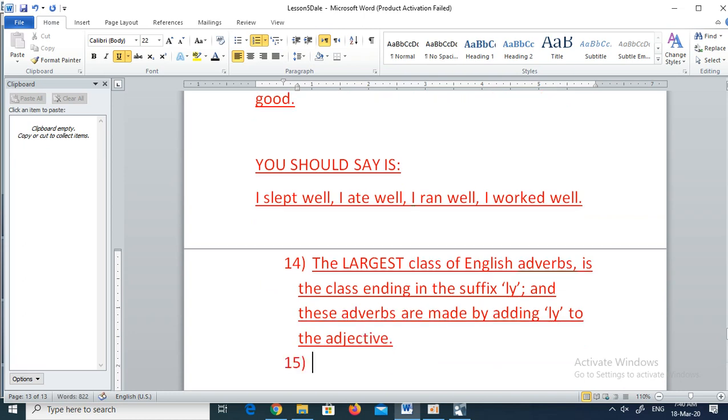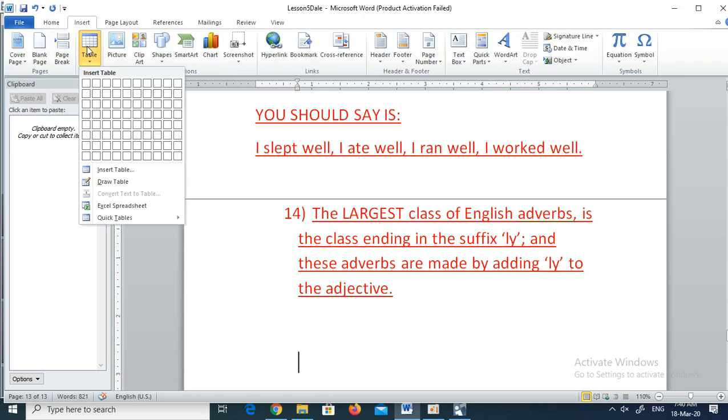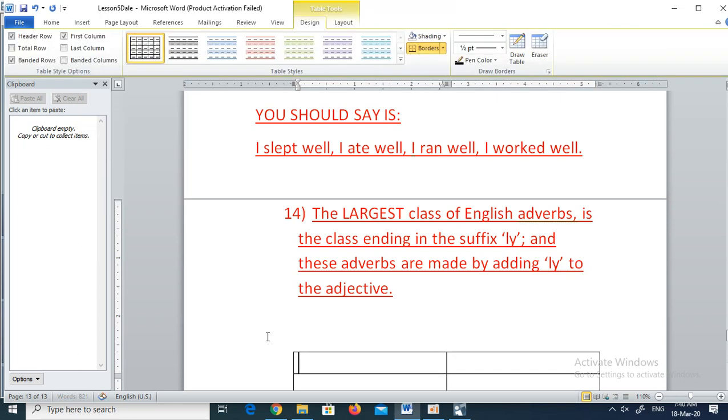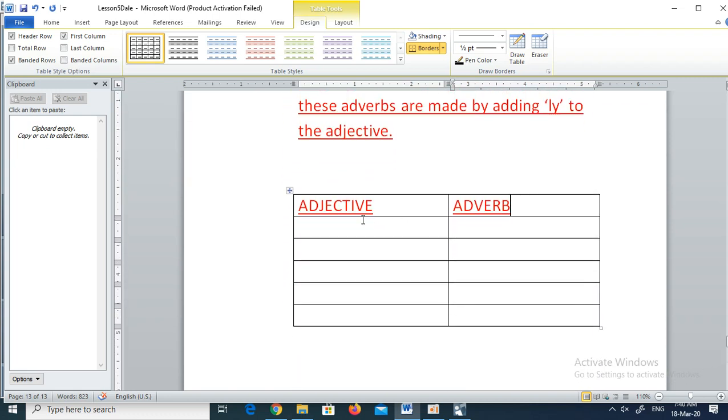So, if we have a situation where you have an adjective and you need to make an adverb, in many cases in English, the adverb is made simply by adding the suffix ly.